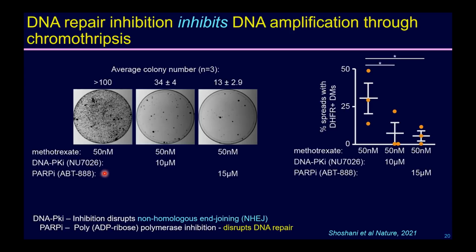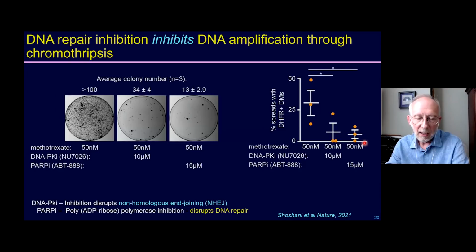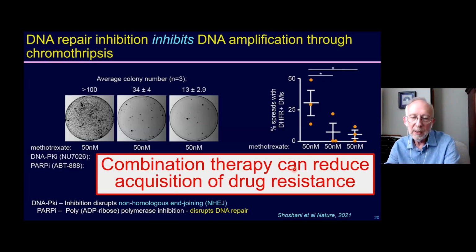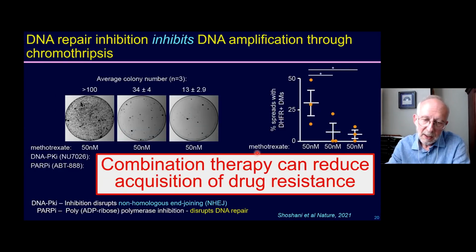non-homologous end joining? So when you have double-stranded DNA breaks, you have to put them back together by some mechanism. The most well-known mechanism is non-homologous end joining. You could also, though, inhibit DNA repair with an inhibitor like PARP inhibitors that are now broadly in clinical use. And when you add either inhibitors of this non-homologous end joining or inhibitors of the DNA repair pathways using DNA-PK inhibitors or PARP inhibitors, yes, you can really drive down the ability to generate resistant cells and to generate these ecDNAs.